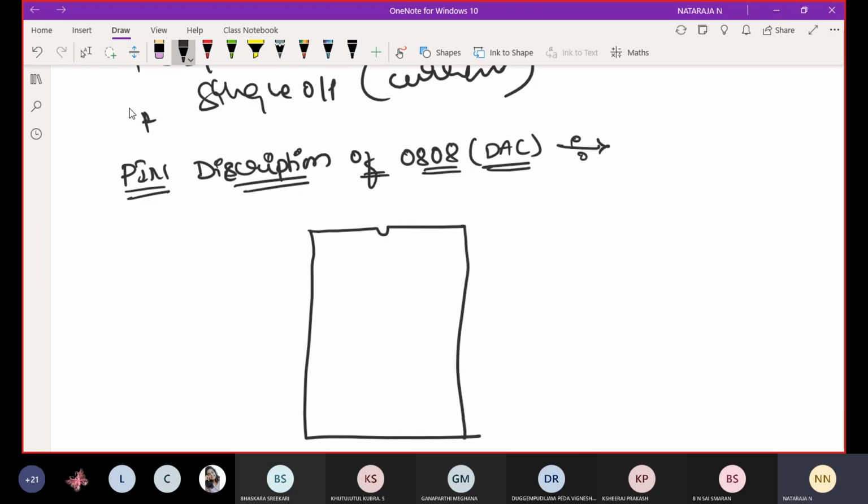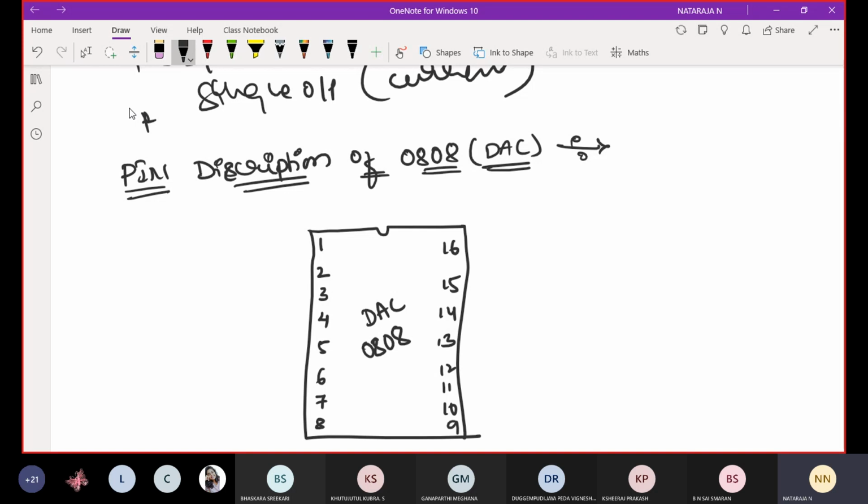This is a 16 pin IC, that is the digital to analog converter 0808. Here we'll discuss one by one.